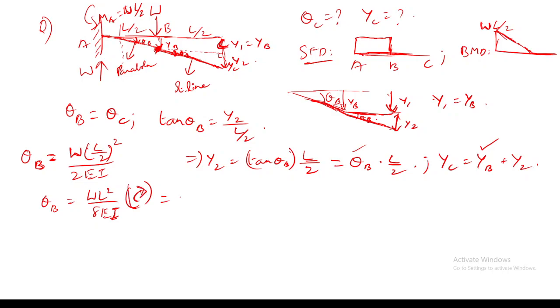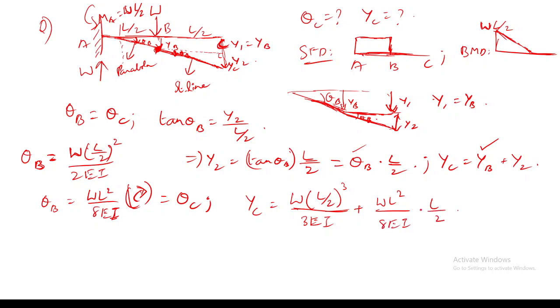And this is equal to theta c. And how do we find the value of yc? It will be yb. What is yb? wL cube by 3EI. Here L is L by 2. So w L by 2 the whole cube divided by 3EI, plus theta b, which is wL square divided by 8EI, into L by 2.